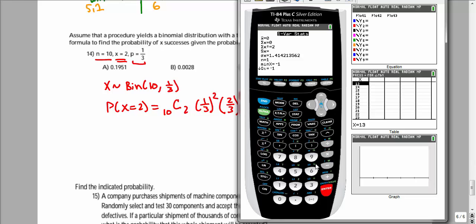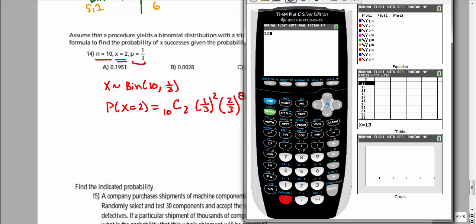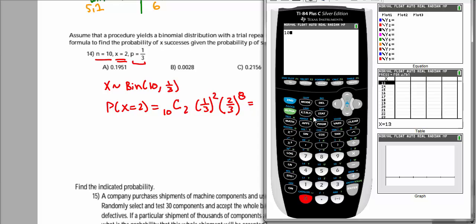Now for our combination, we start with the 10. Scoot this over a little bit. And our combination would be under Math, Probability, and that's the third option down here, combination. And we're choosing 2 out of there.